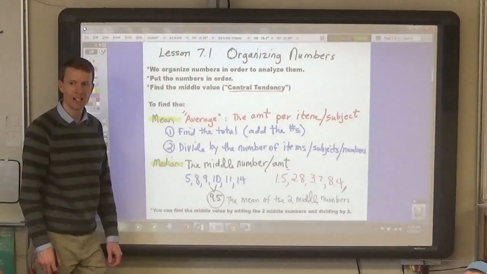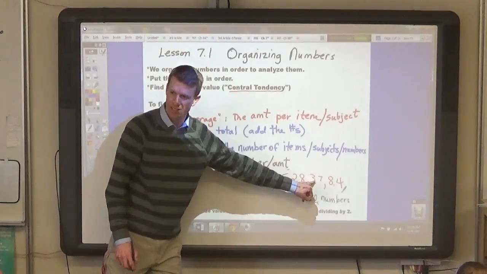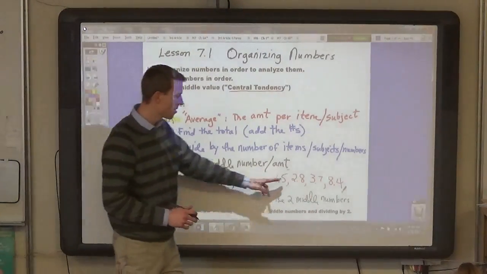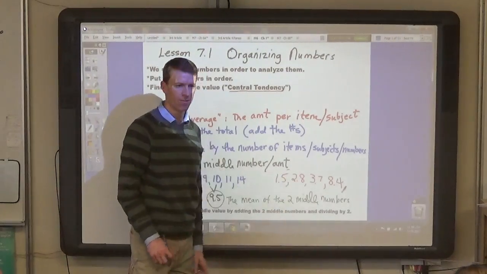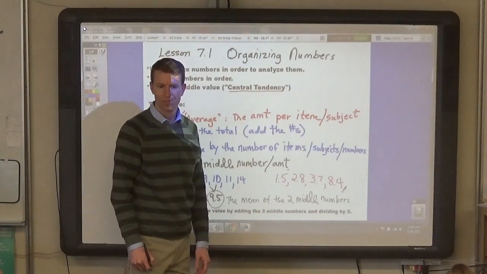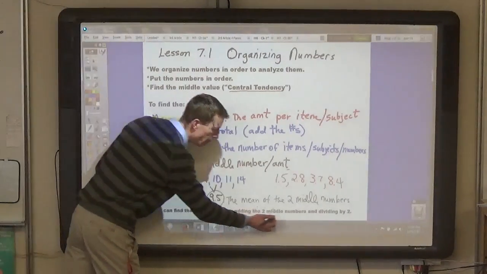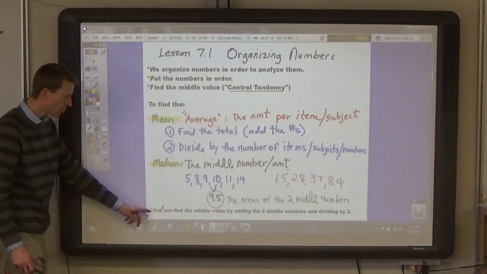Another way to find the median, because it's not obvious in this case what the median is, right? It's kind of hard to think about what is right exactly between 2.8 and 3.7. So what you can do is what it says down here, and everybody make sure you highlight this in your notes.